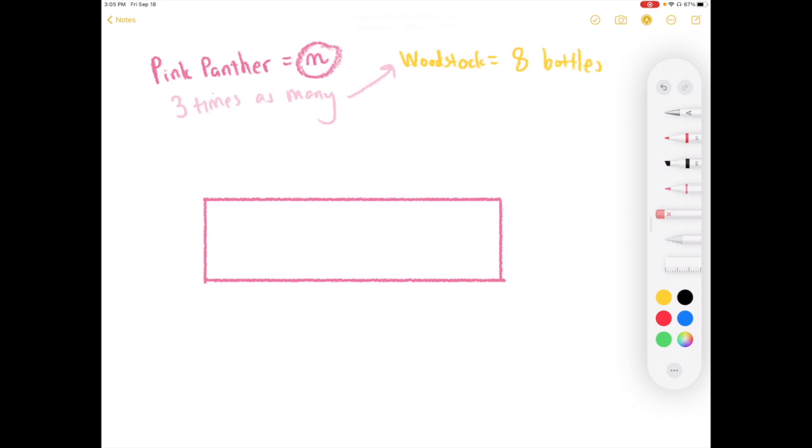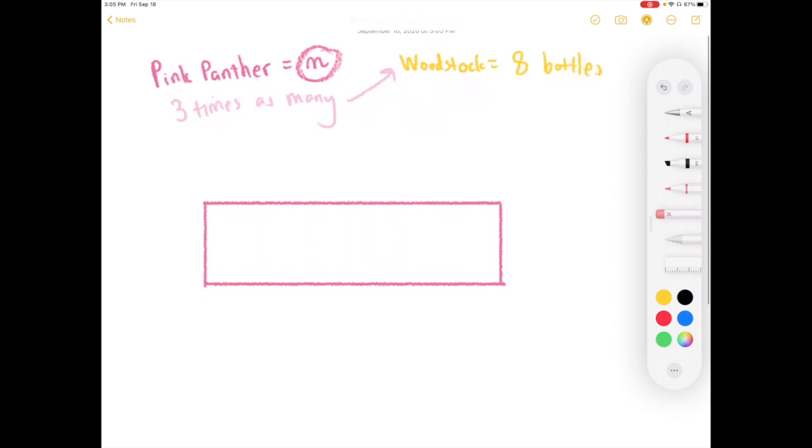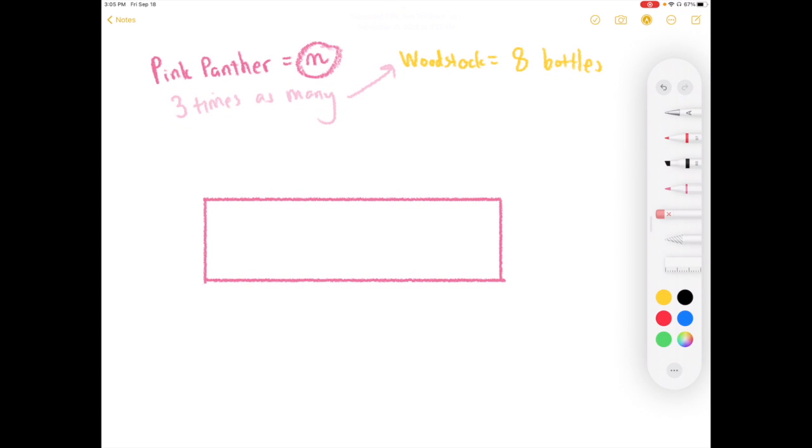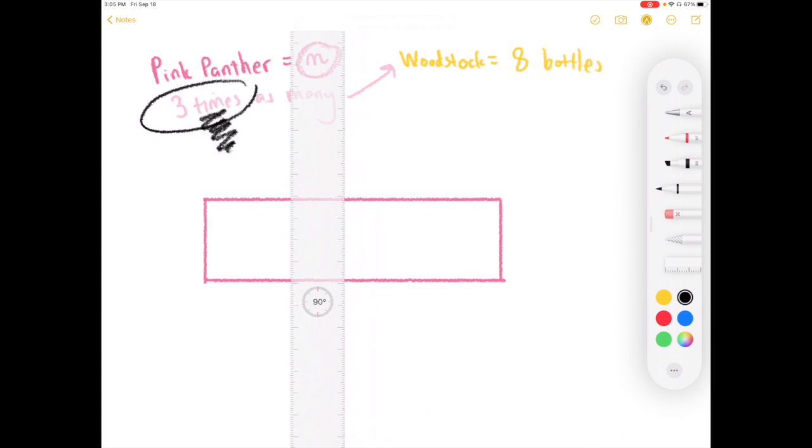Okay, guys, so we know that Woodstock sold 8 bottles, and the Pink Panther sold 3 times as many. It's important, the word 3 times there, guys. That tells us how many little sections we should divide our paper into. So let me go ahead and make 3 sections.